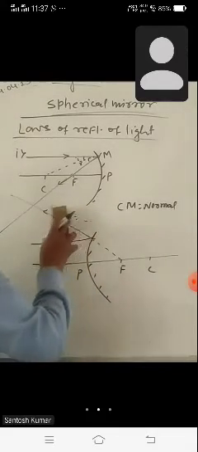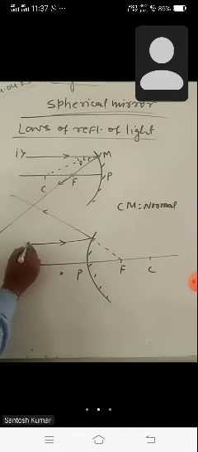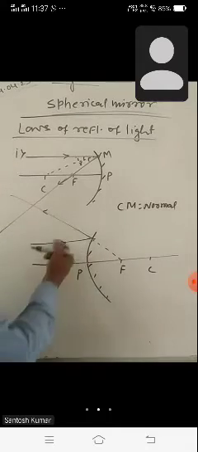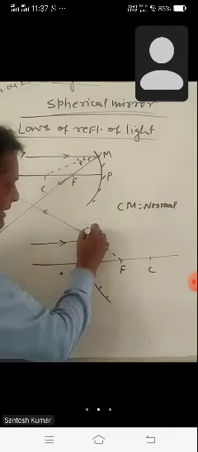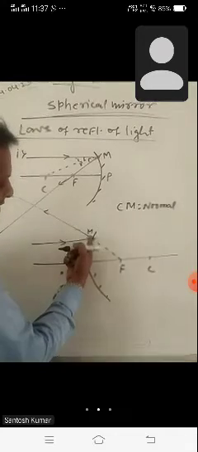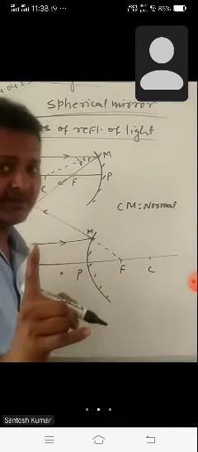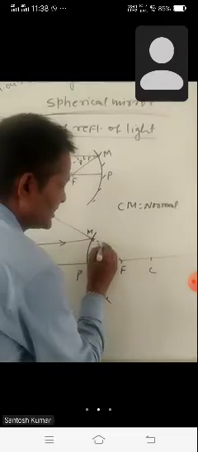This is simply the first rule: a light ray parallel to the principal axis, after reflection, moves away from the focus. Now this is the point of incidence, M. Once again, CM is behaving as a normal. So when you join this point to the center of curvature with a straight line, it will be treated as normal.